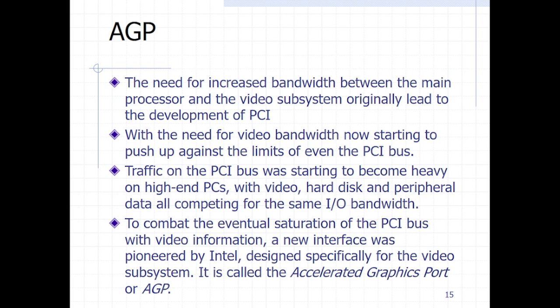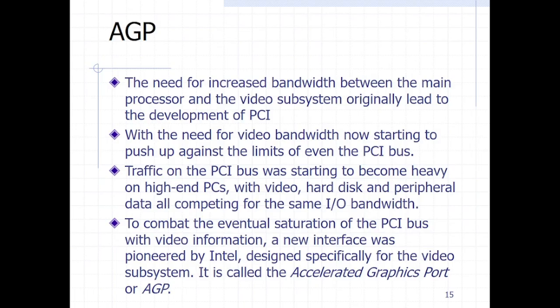So there was a need for a standalone bus that would handle all video and graphics processing requirements, so that it could relieve the main processor from these additional processing activities.